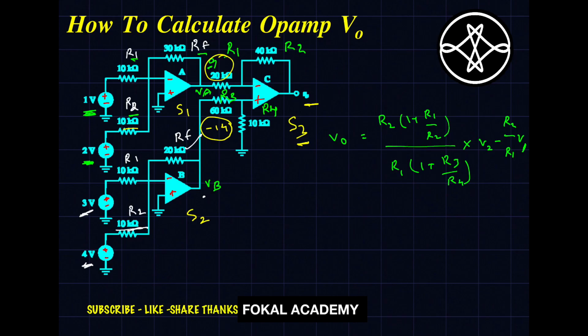So let's consider V2 is nothing but VB and V1 is nothing but VA.